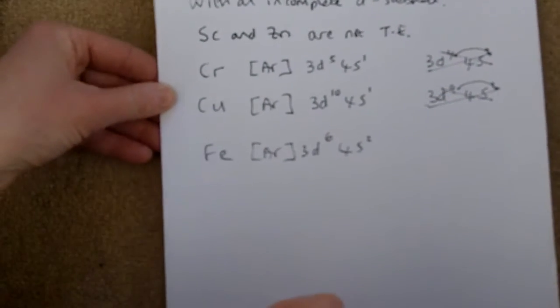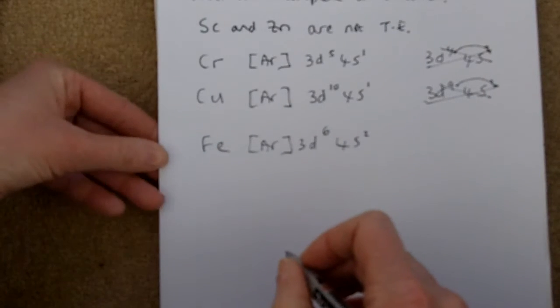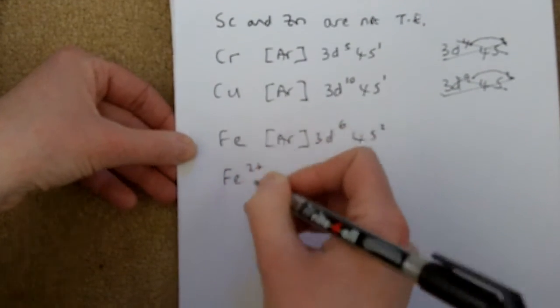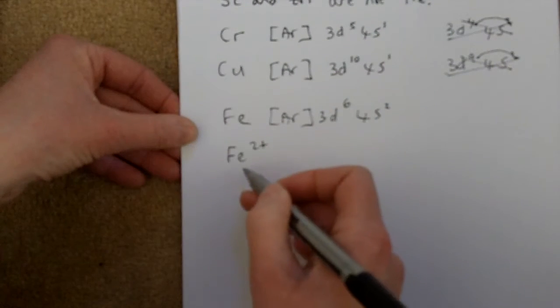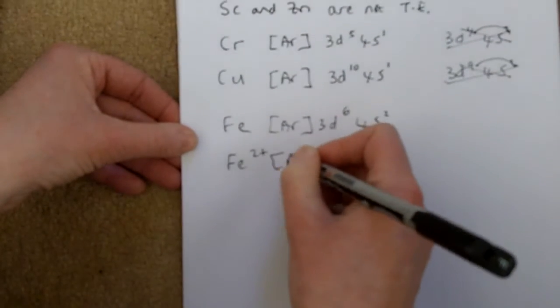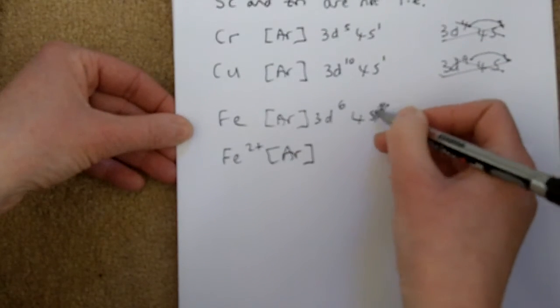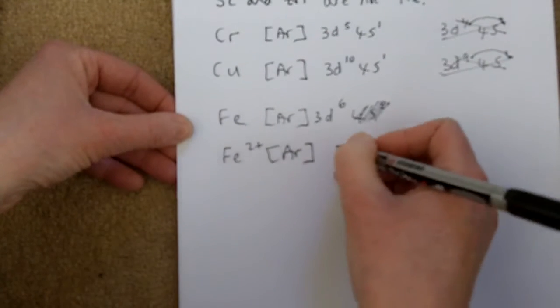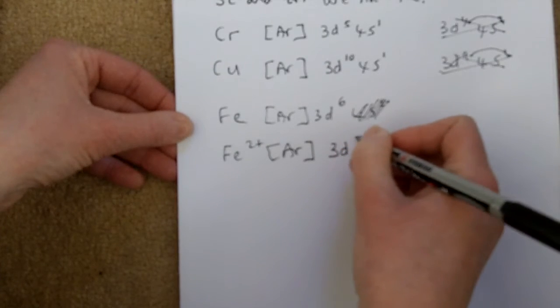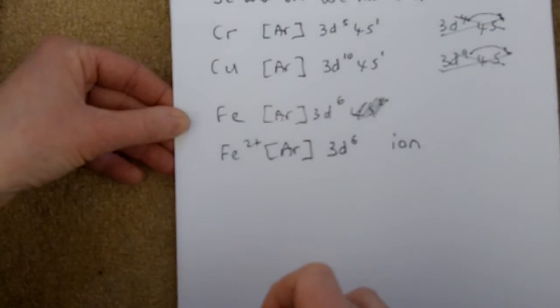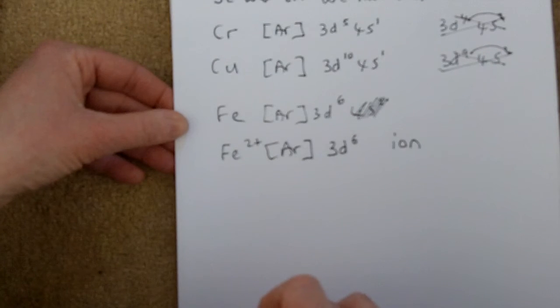When you form an ion of iron, so if we form the Fe2+ ion, we are losing two electrons. You lose the 4s electrons, so the ion is 3d6.